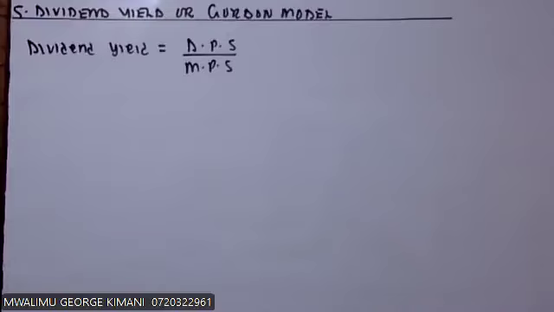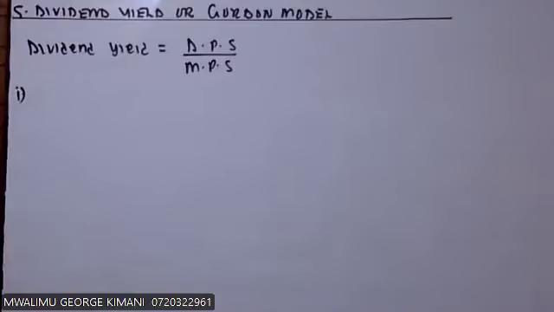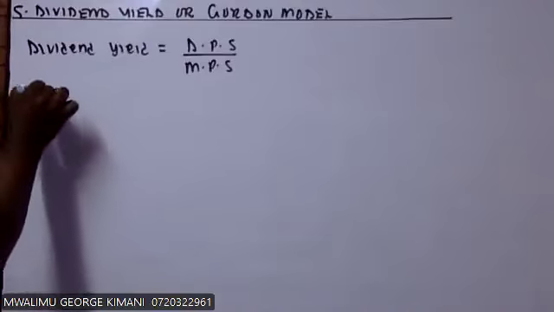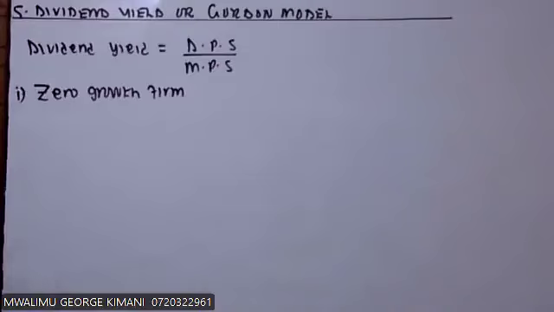And then we write that this model identifies three types of firms. One, zero growth firm.